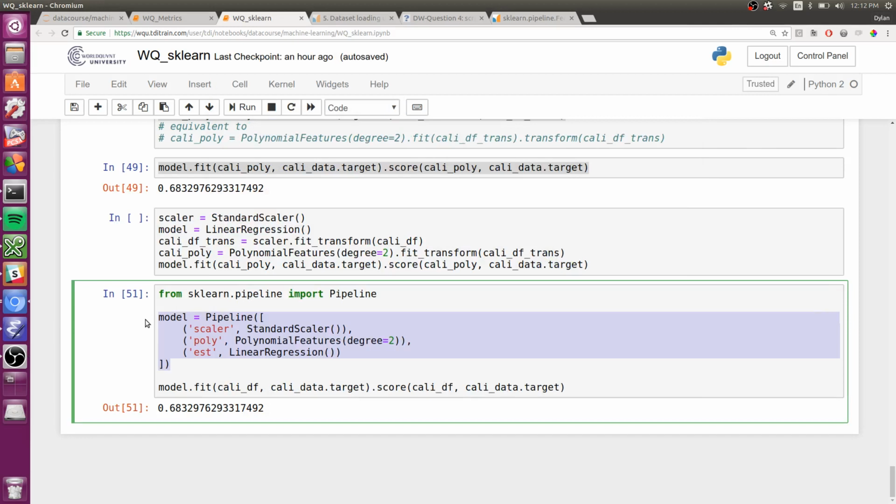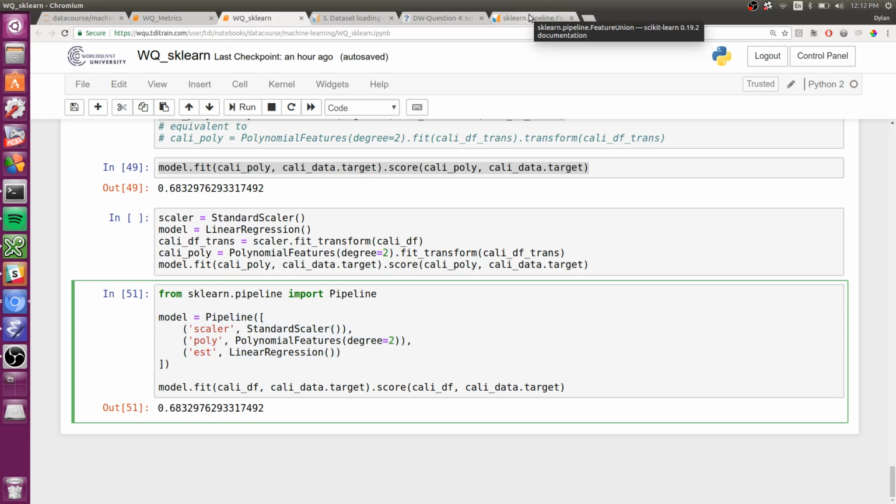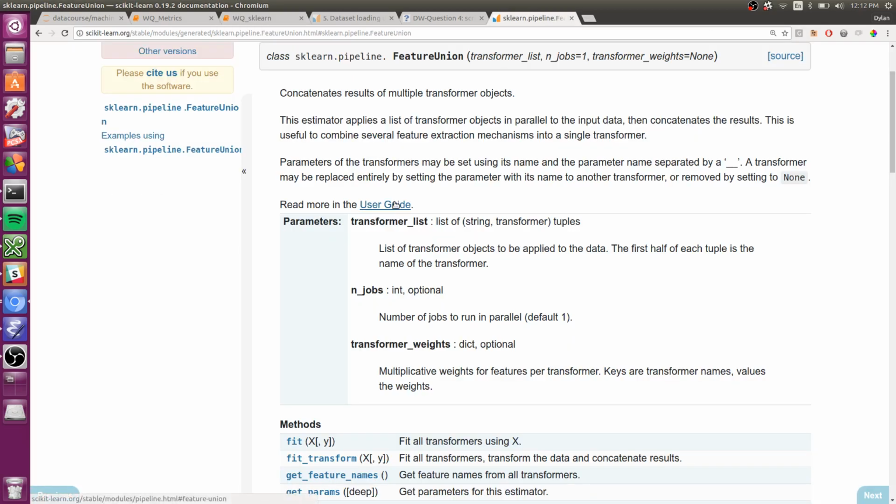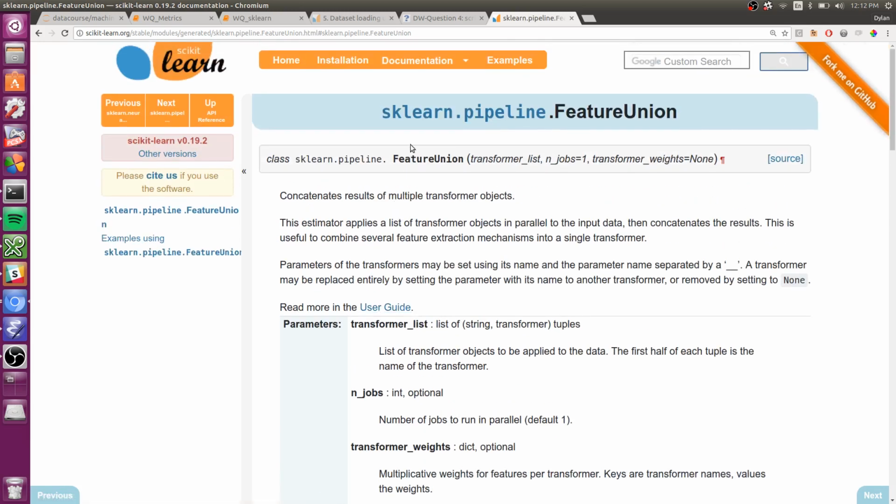And I know I said I wanted to cover two more things, but I've only covered one of those two. I think at this point I'm actually going to shift gears and just highlight some things in the documentation.